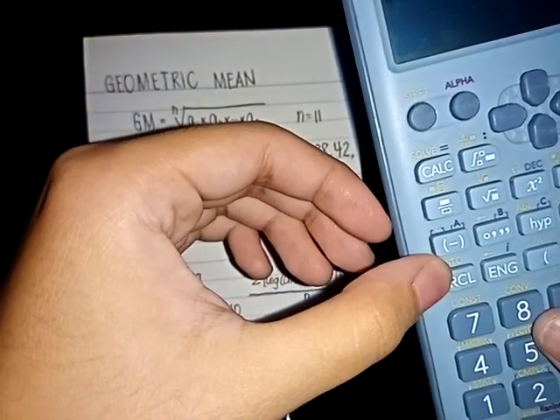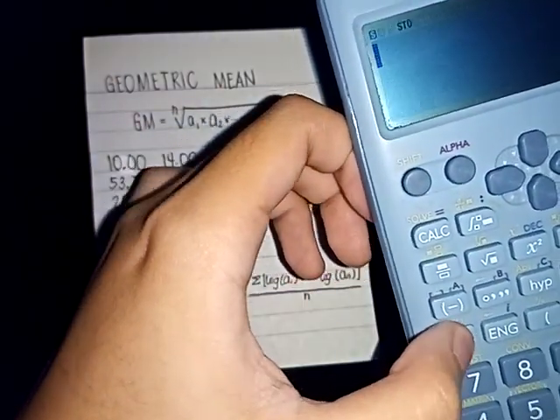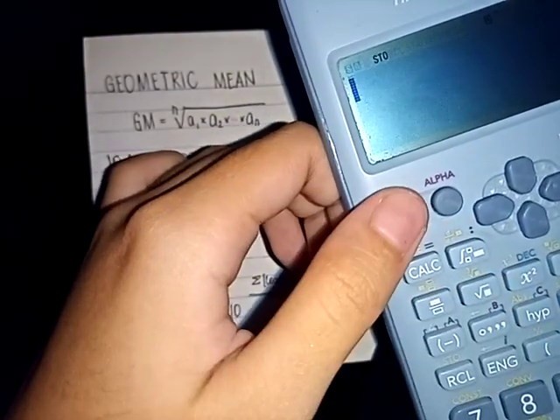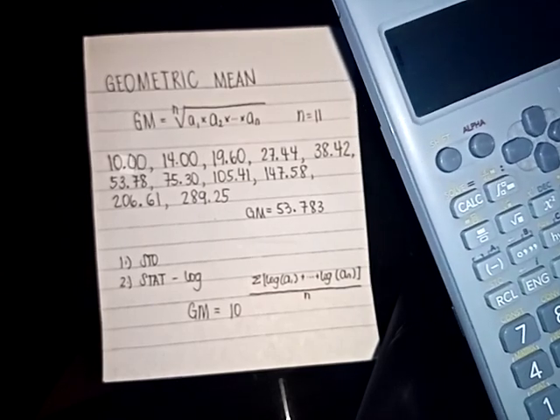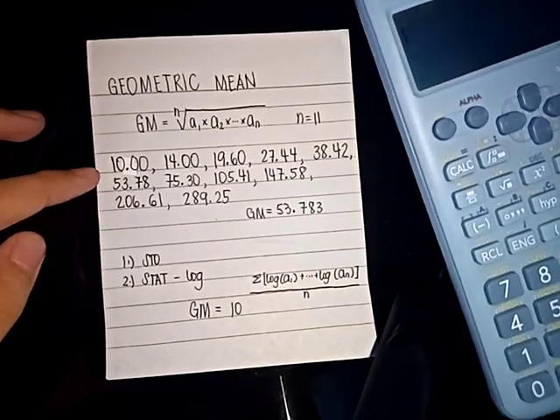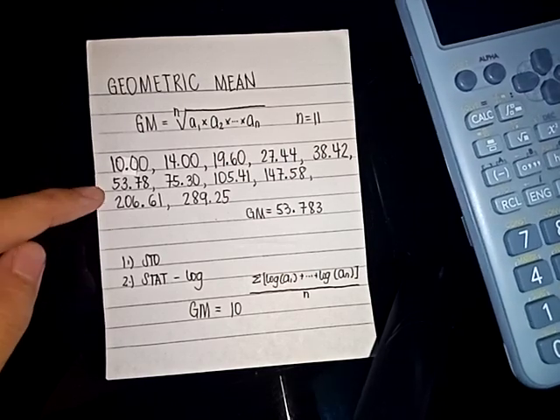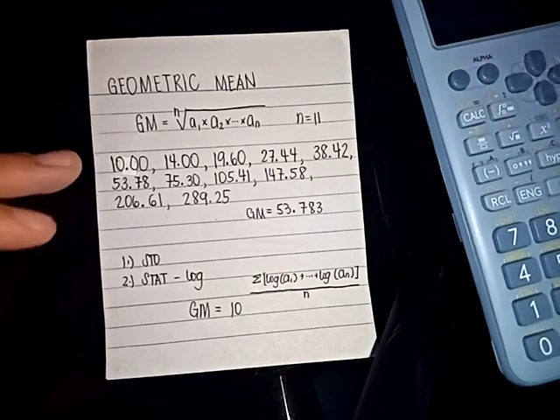So this button here, when we press shift and store and using any of the available letters, then we'll be able to store values. So how do we go about this? We go back to our terms, and since we have 11, we can regroup them. The easiest would be to regroup them into two.